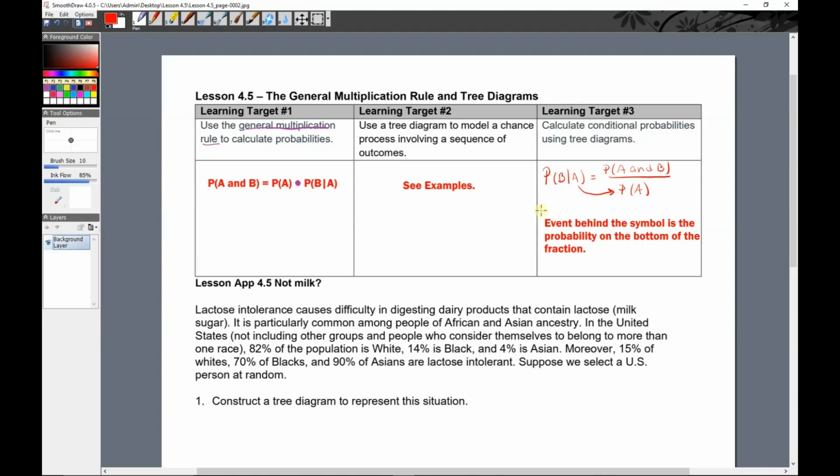So if I have, for example, the probability of A given B, it'll still be the joint probability, the same one, probability of A and B, but now this denominator will be the probability of B. So it's a pretty easy formula. It's just a rearrangement of this formula. And we get a lot of questions asking for the conditional probability. Remember, that is the value that's in that center column in the tree diagram.